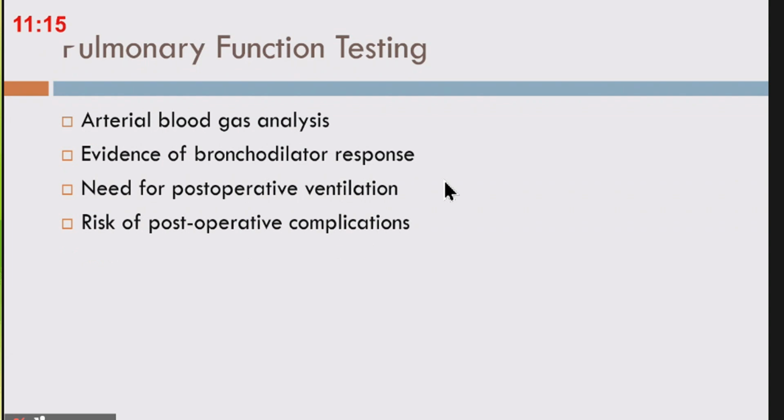One thing that you might want to do with some patients, especially if they're asthmatic or have some lung problems, is see if bronchodilators help and do pulmonary function testing pre and post bronchodilator. A lot of times that'll help you know if there's going to be need for post-op ventilation, and it'll give you some idea of whether there might be some post-op complications.